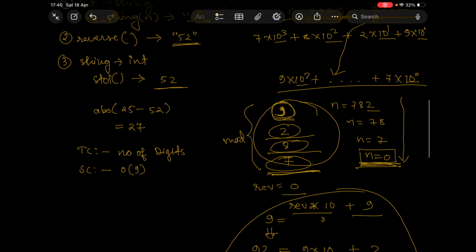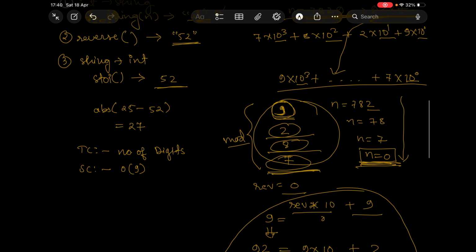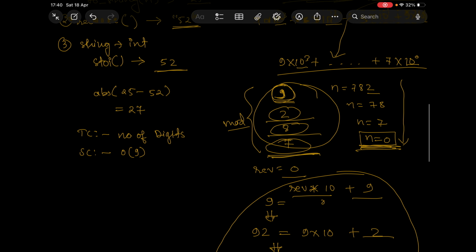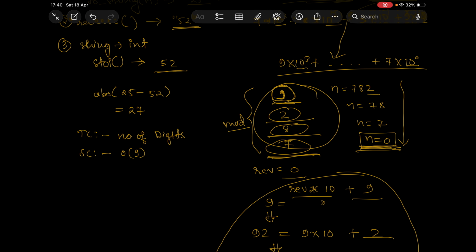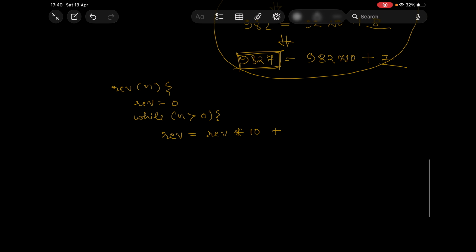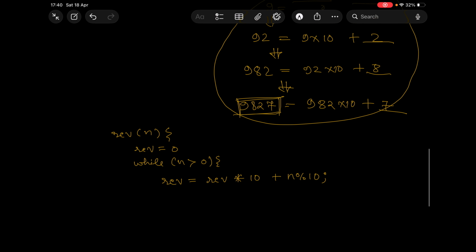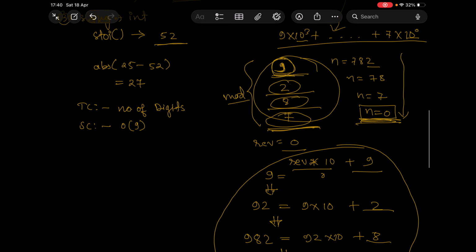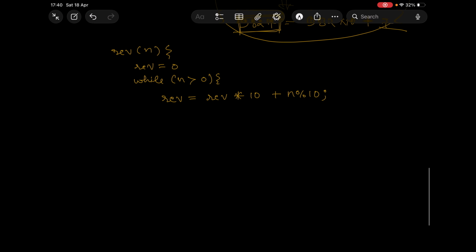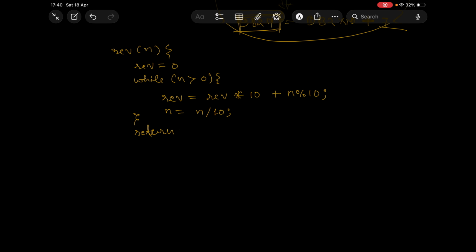But how did we get this mod, right? This mod is basically every time the number mod 10, so n mod 10. But to get the next mod rightly, we were dividing that number by 10, right? So what we would do is n is equal to n divided by 10. This is the next thing we'll do, and then we can return at the end reverse value. So this would be our method.